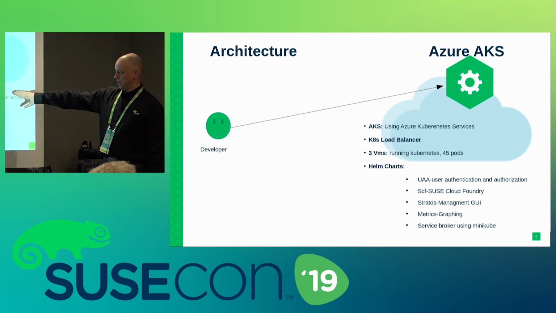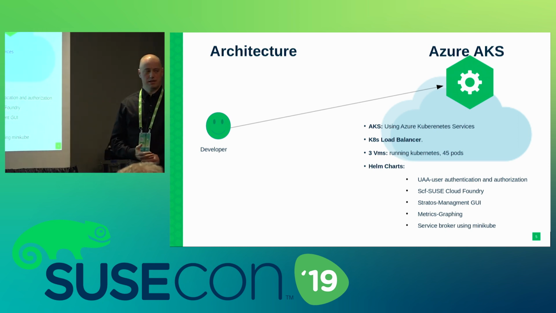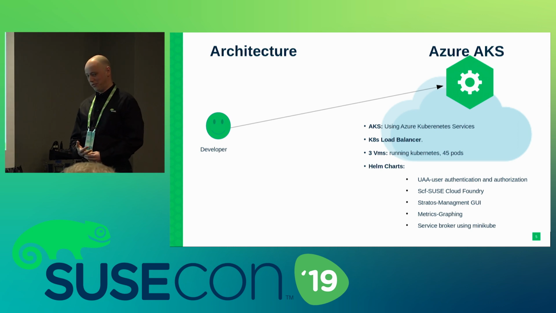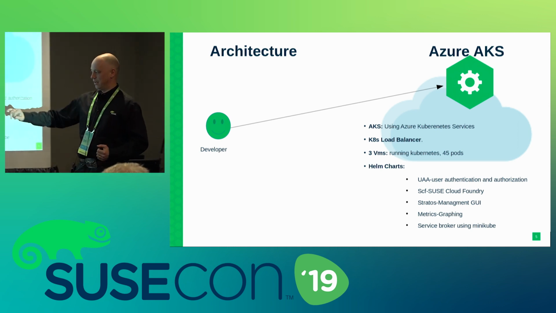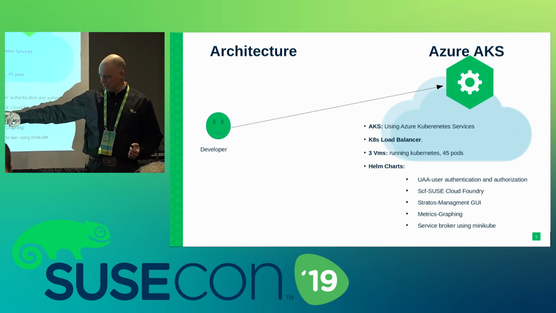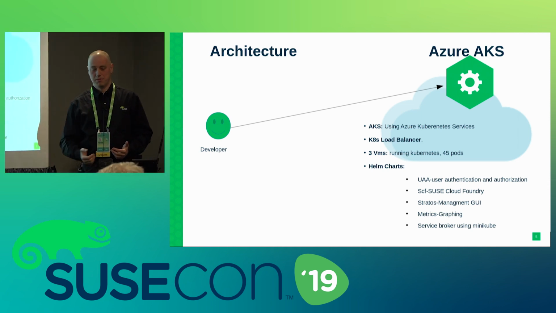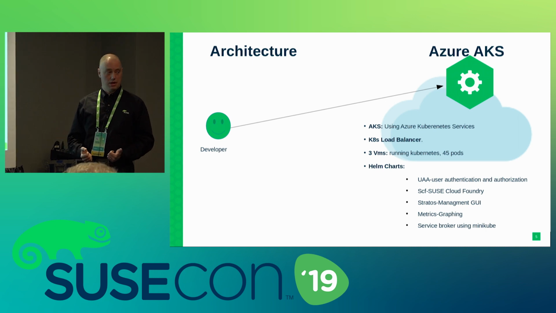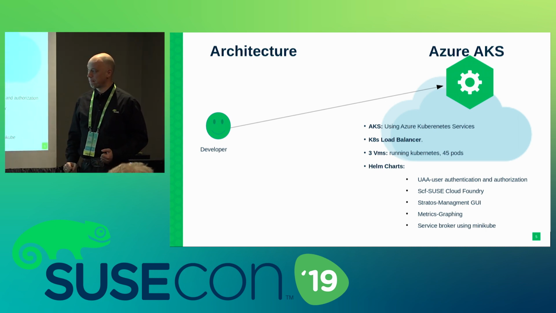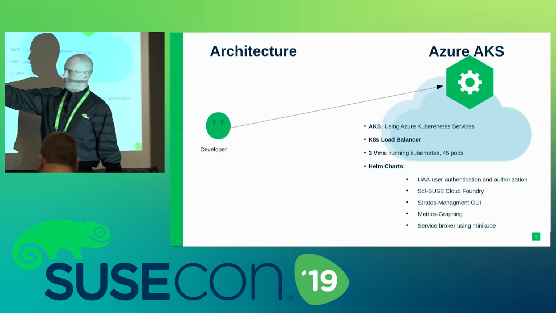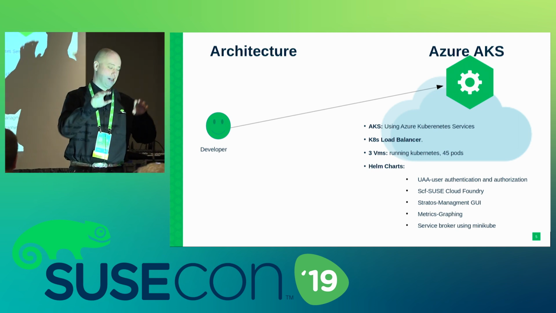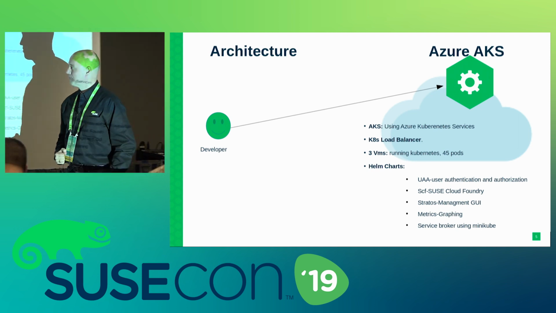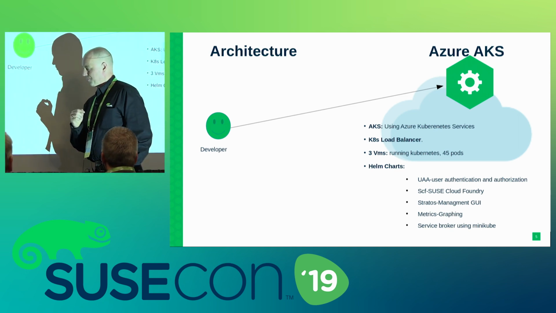I installed UAA first, that's the user authorization and authentication, which is one Helm chart, and then I installed CSF, which is the SUSE Cloud Foundry, using another Helm chart, and so on. And this is me, I'm green and happy, so I will be the developer today, showing how to deploy software and use it. Next one.